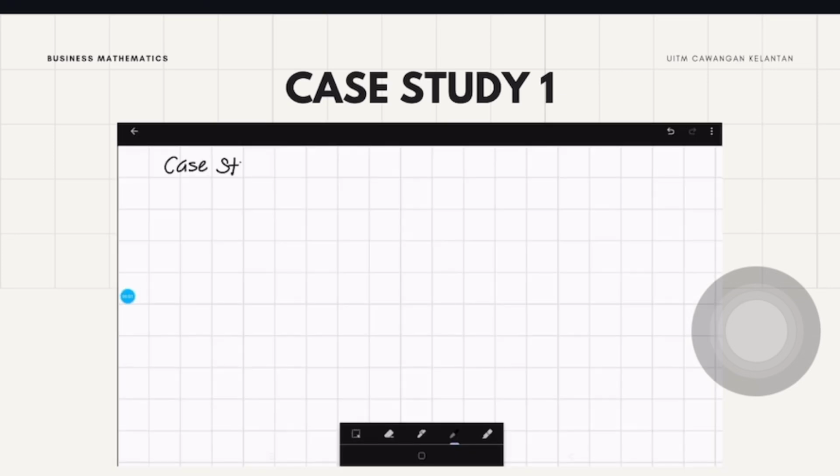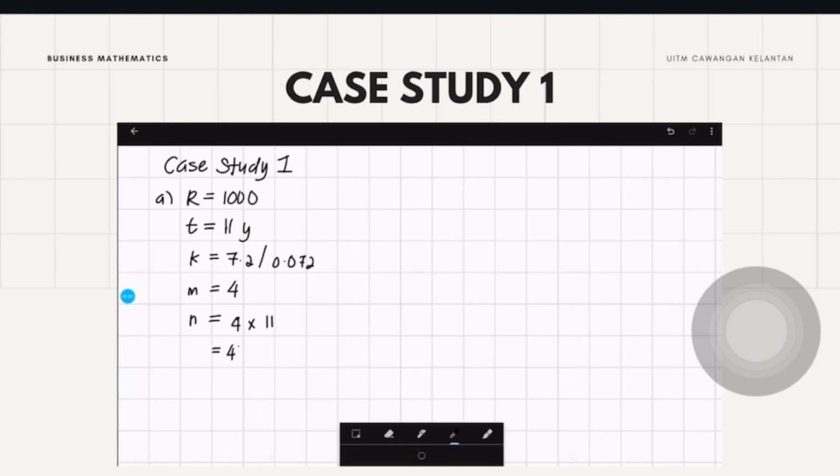Let's look at case study number 1, which is R equals 1,000, the term in years, which is 11, the nominal interest rate, which is 0.072, the frequency, which is 4, and the term of investment, which is 0.018.